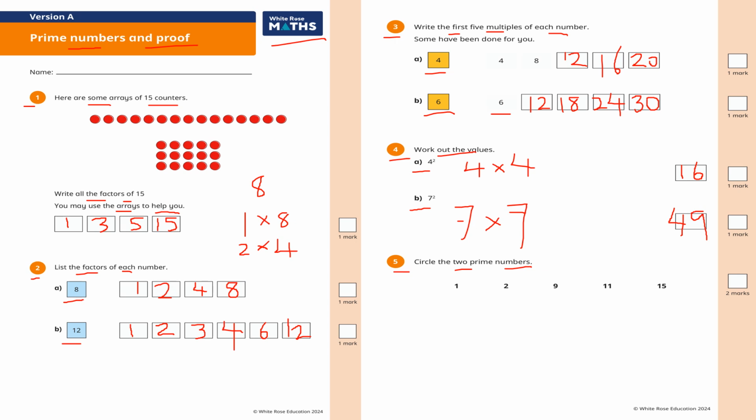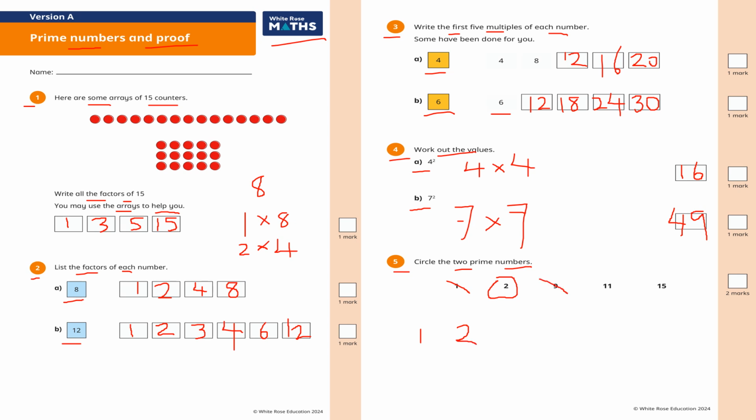A really common error that I encounter pretty much every single year when I'm teaching in school, guys, is that students think that 1 is a prime number. 1 is not a prime number because 1 only has 1 factor, which is 1. So 1 has 1 factor, namely 1. The first and only even prime number is actually 2, because the factors of 2 are 1 and 2, so 1 and itself, not being 1.